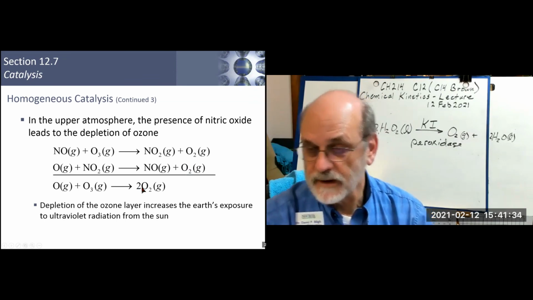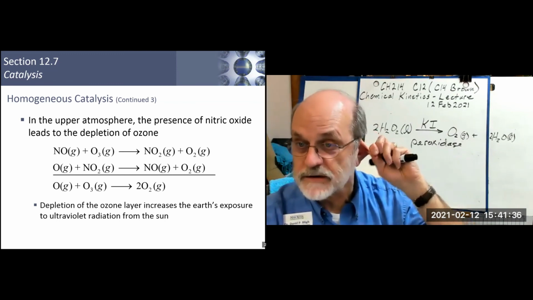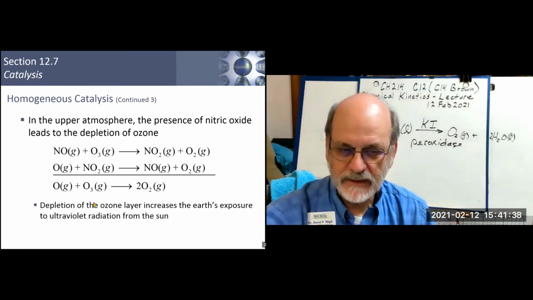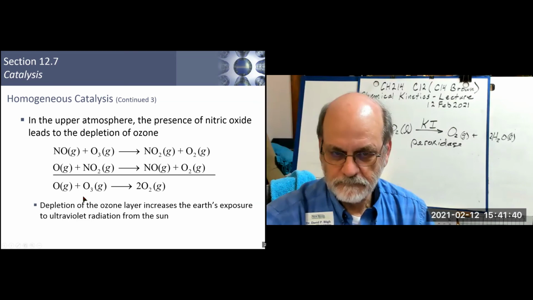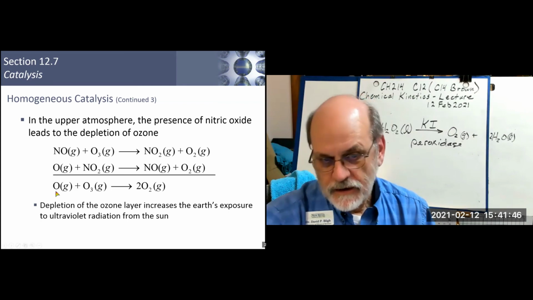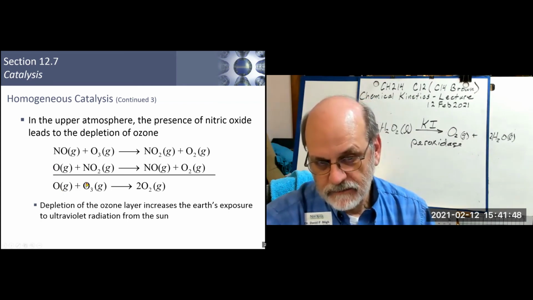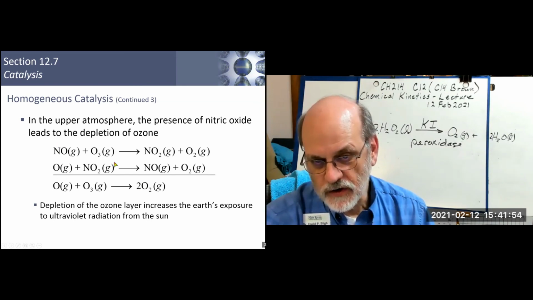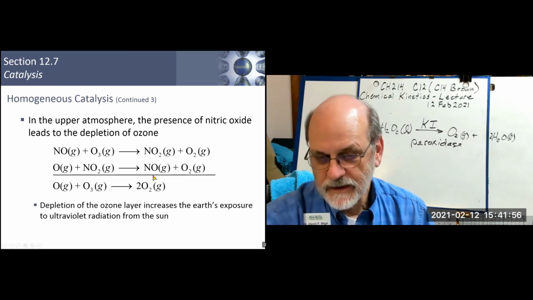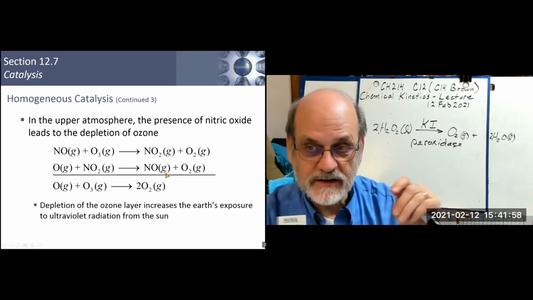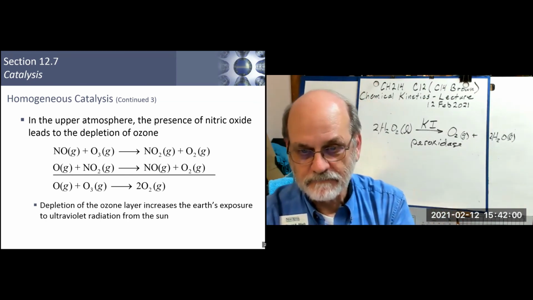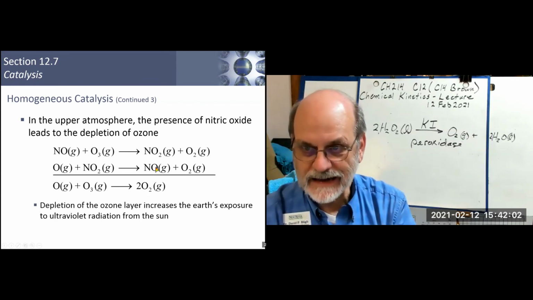Diatomic oxygen, which doesn't absorb UV as efficiently. Okay. So this would be a reactant. This would be a reactant. This would be a product. And this is your catalyst right here. If it goes in the mechanism and comes out the other side, then that's a catalyst.